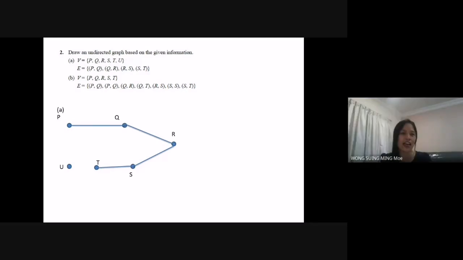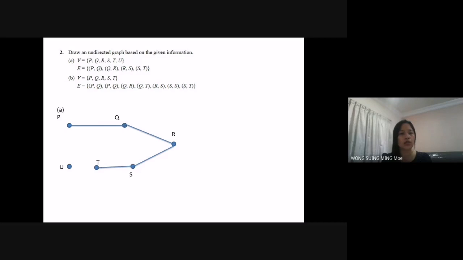Okay, so now we draw the graph for this one. P to Q. The second one is Q to R, so I join vertex Q to vertex R, then R to S, and S to T. Because in the set of edges we don't have U, you don't need to add U to any vertex. P, Q, R, S, T means we have 5 vertices.